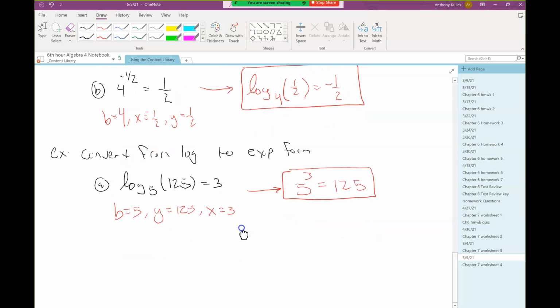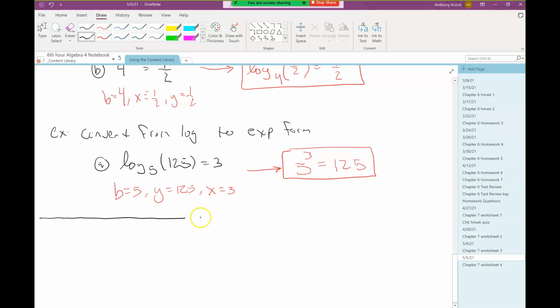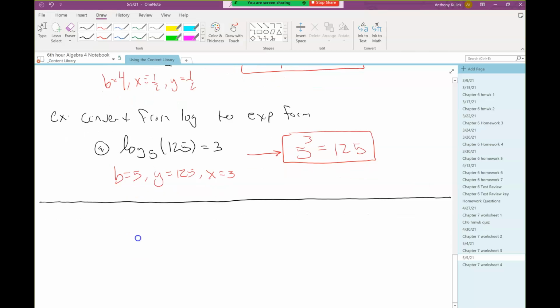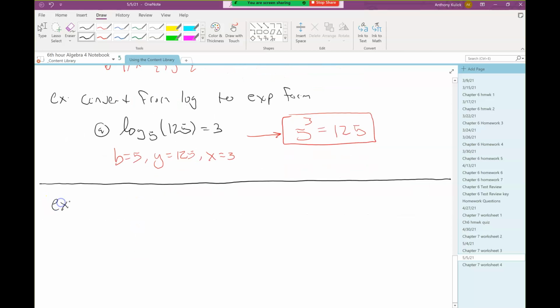What that rule allows us to do, in addition to just rearranging things like this, is evaluate some logarithms without using our calculator. So maybe we want to find log base 6 of 36.